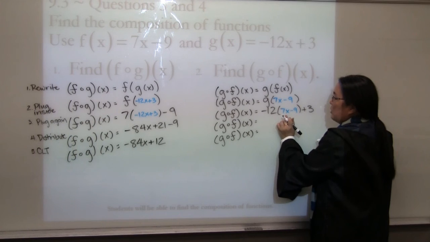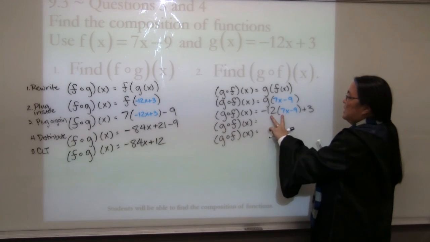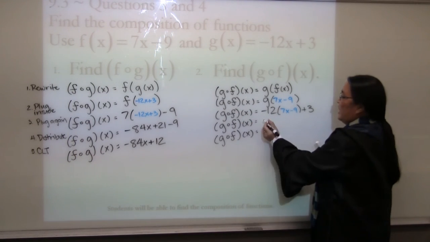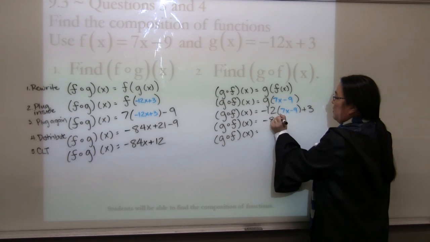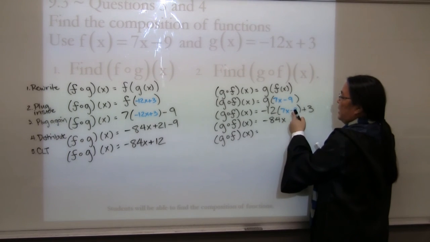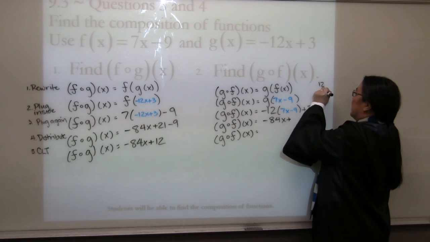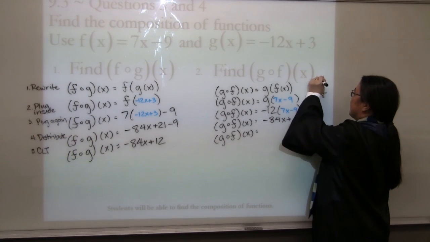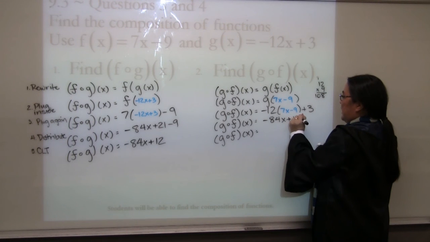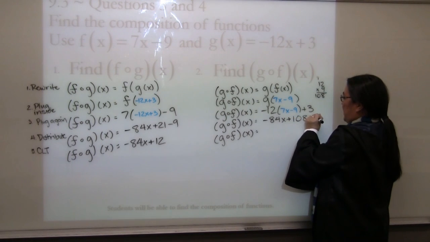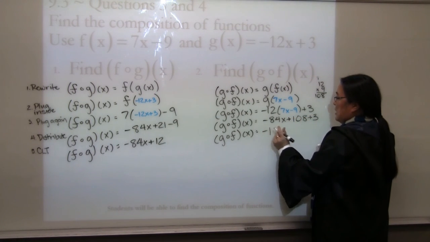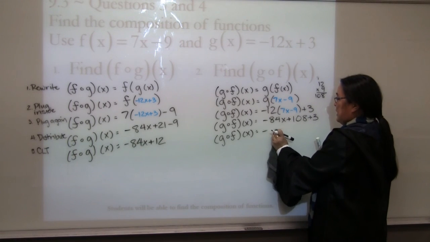And here, we're going to multiply. Hey, we did 12 times 7 over there, and it was negative 84x. Negative and negative is positive, and 12 times 9 is 108 plus 3. Combining like terms, descending order by degree.